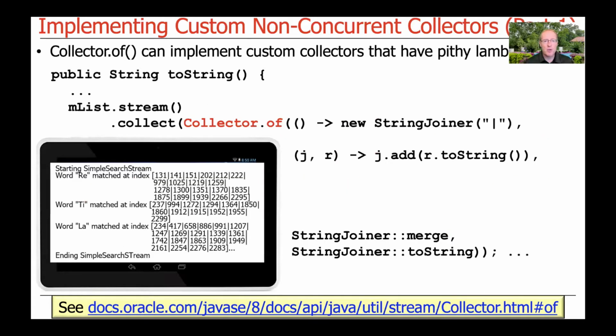The first example, we'll use collector to implement the toString method on the SearchResults class. And so we're going to see how collector can help make that work. And this is the 5-parameter version of collector which, interestingly enough, only has 4 parameters, but we'll talk about that in a second.